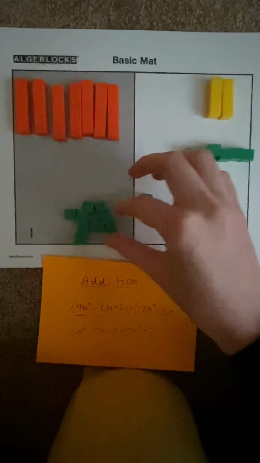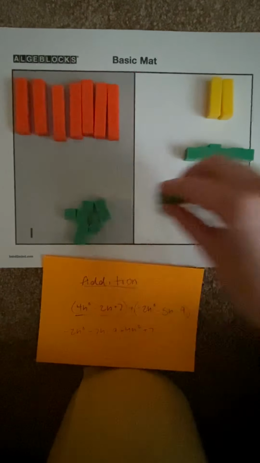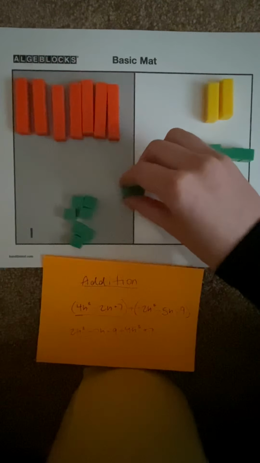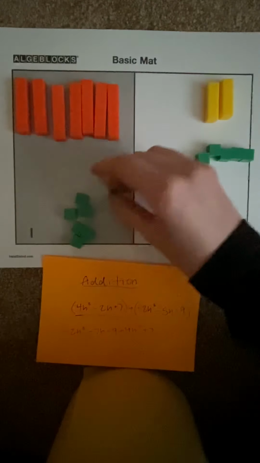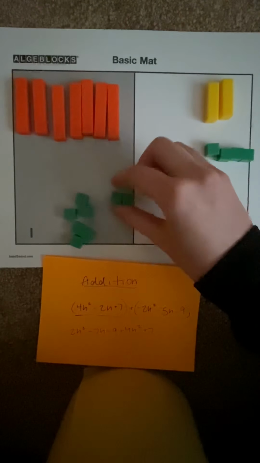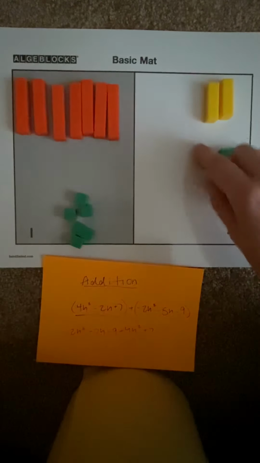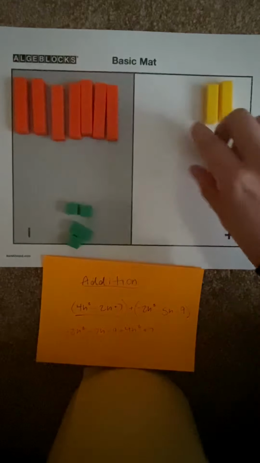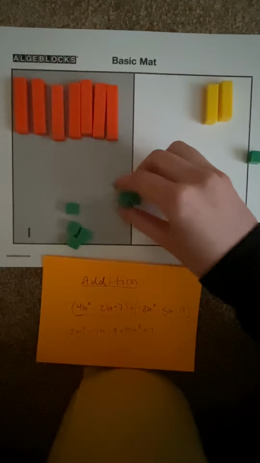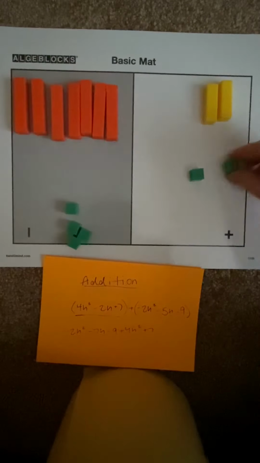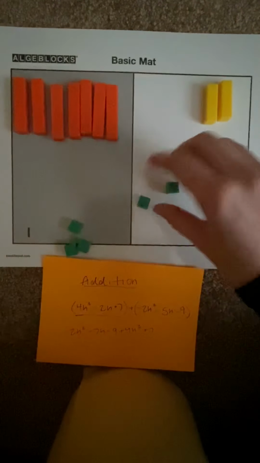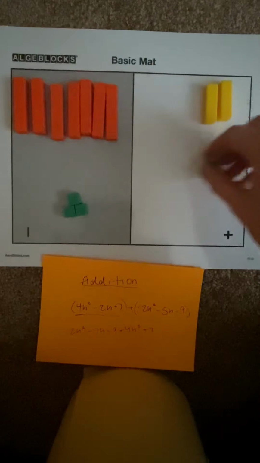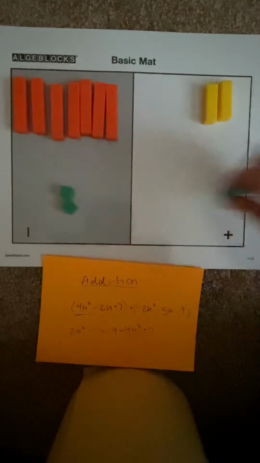So we have 1 0 pair, another 0 pair, a third 0 pair, a fourth, a fifth pair, a sixth 0 pair, and a 7th 0 pair.